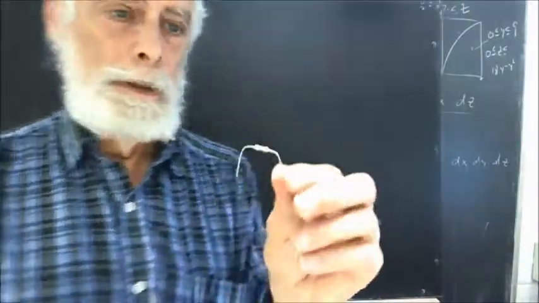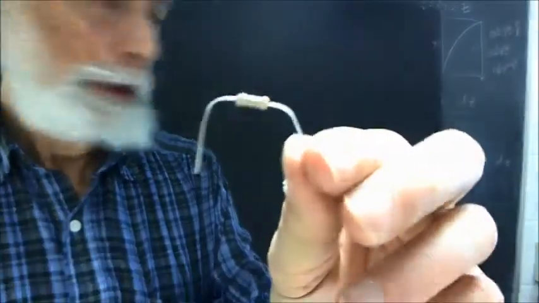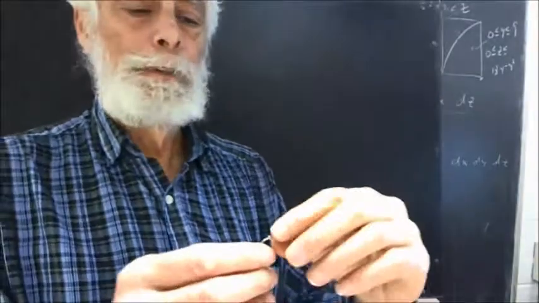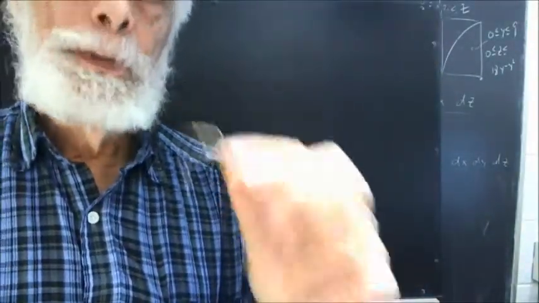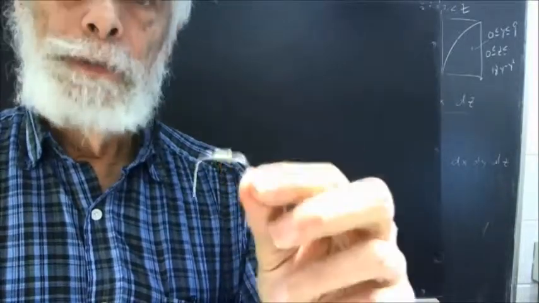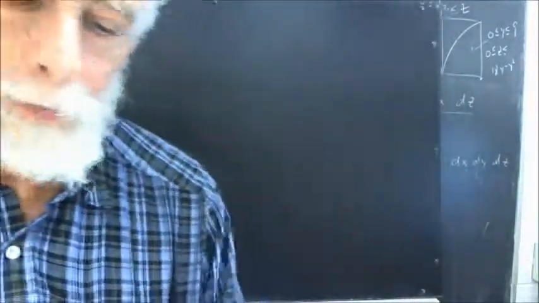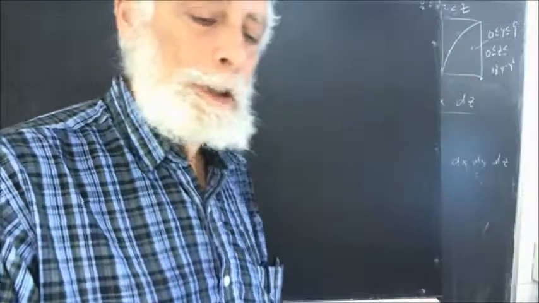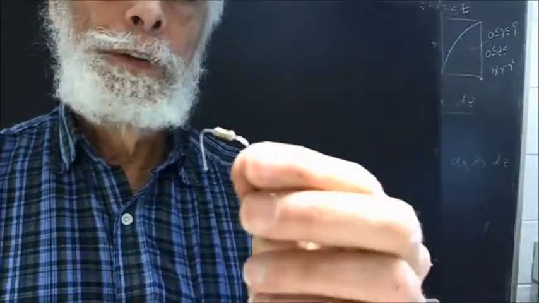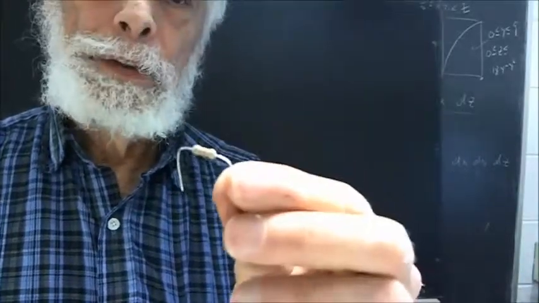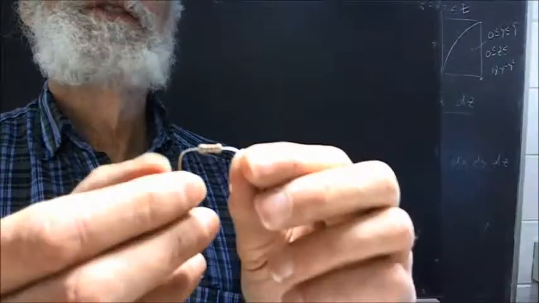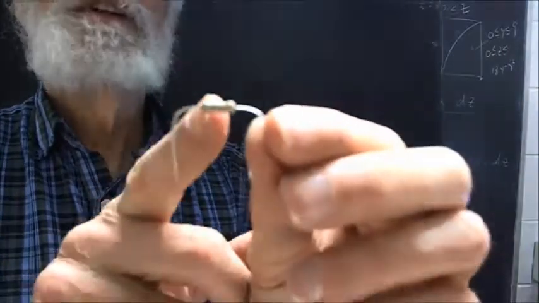Now, this is a resistor. Take a close look at it. It's short and fat, but the material that it's made of is much more highly resistive to the flow of current, so that we can adjust the nature of the material to make this as high resistance or as low resistance as we might wish, so that two resistors might look the same, but they're going to have a different resistance.